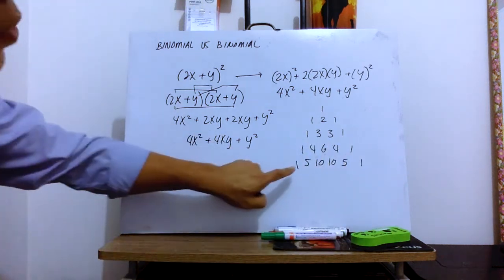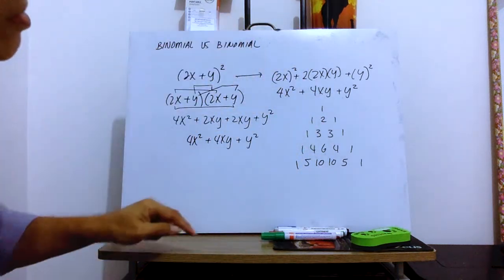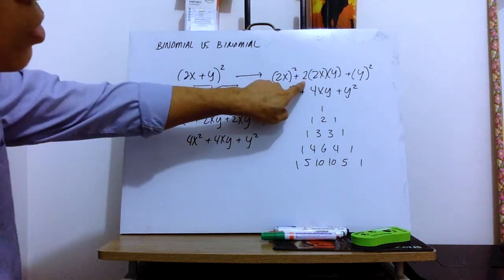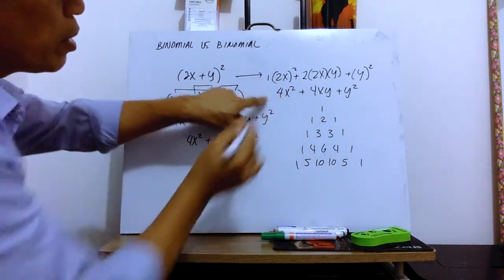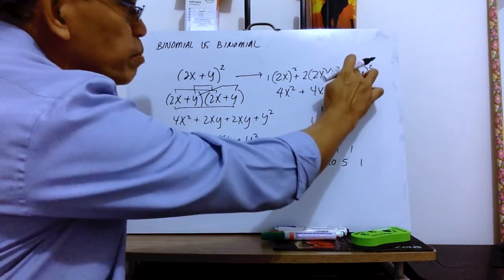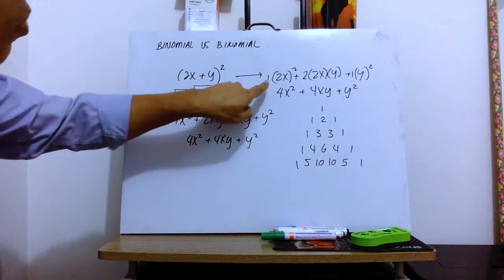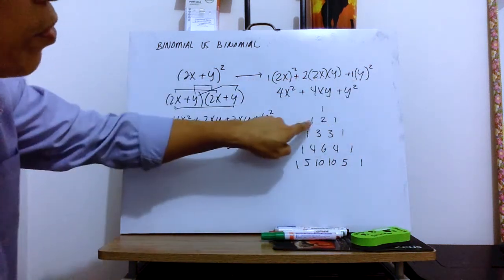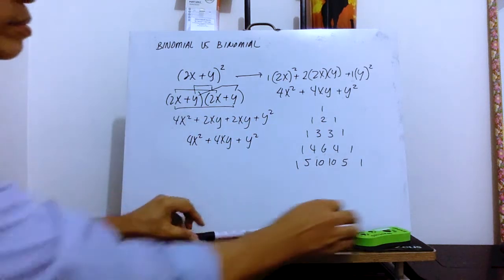This represents the coefficients of your terms. Look at this. The 2 came from here, the 1 came from there, and the 1 comes from there. I just didn't write it because it's implied. 1, 2, 1. These are the coefficients of your terms.